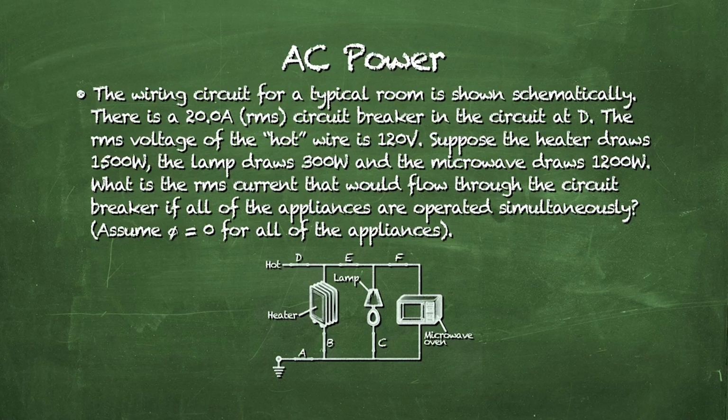What is the RMS current that would flow through the circuit breaker if all of the appliances are operated simultaneously? And you may assume that the phase angle is 0 for all of the appliances. So the phase angle is 0, so we'll have cosine of 0 in all of our power terms. Please try to work this one.